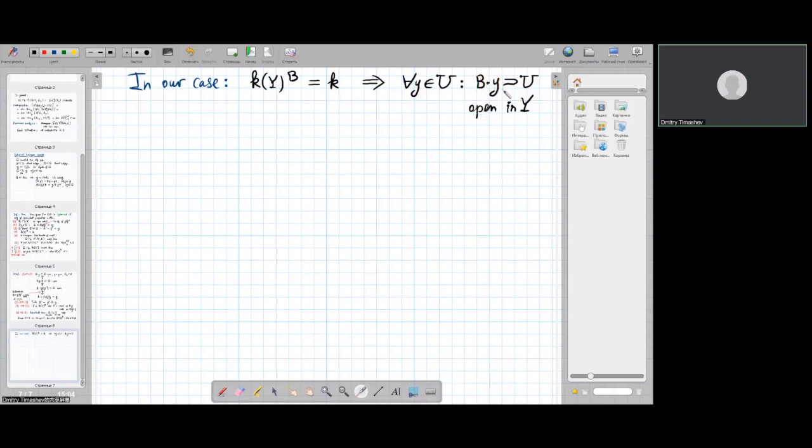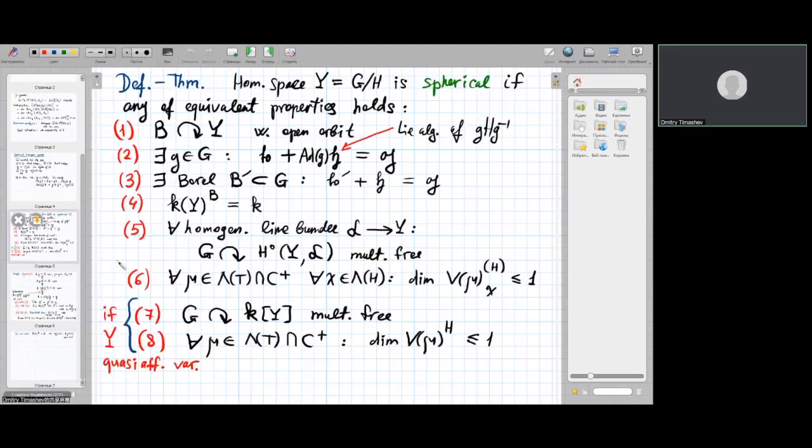This means that this orbit is the union of translates of U, the union of open subsets, and then it is itself open. Okay? So we have proved that the fourth condition implies the first one. Therefore, the first 4 conditions are equivalent.